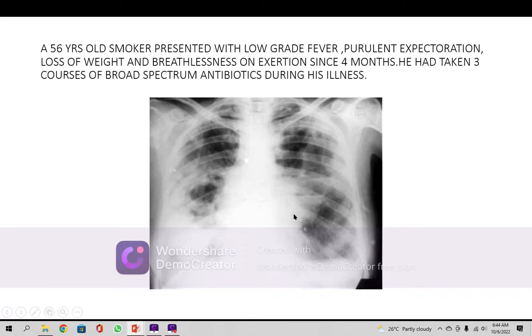The other condition that can cause these lesions is sarcoidosis. Another condition which causes a fibrotic reaction along with cavitations is Wegener's granulomatosis. But it will cause wandering cavitations: three days before here, now here, afterwards somewhere else, wandering.